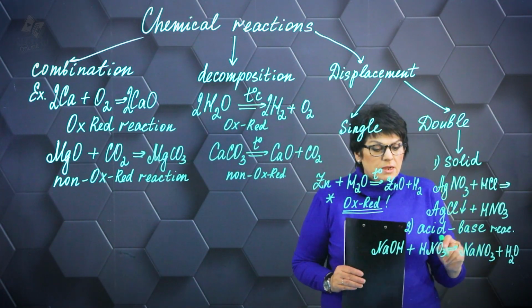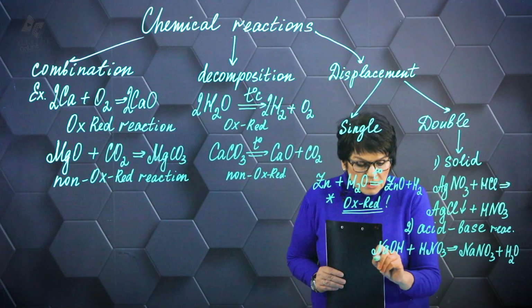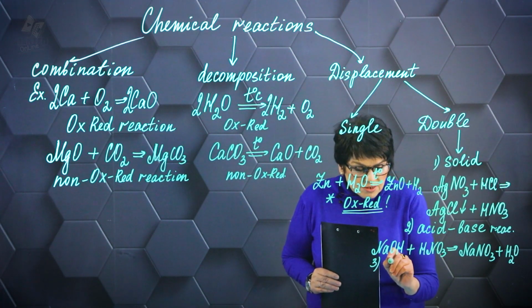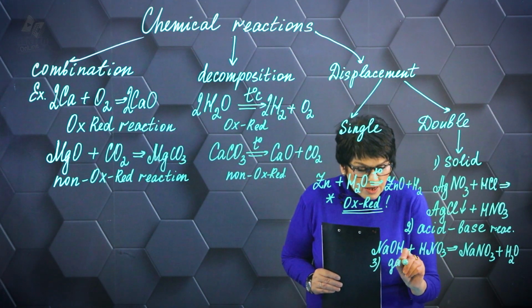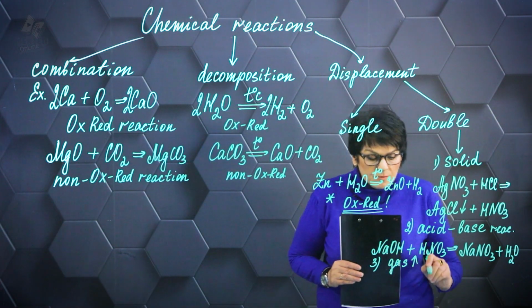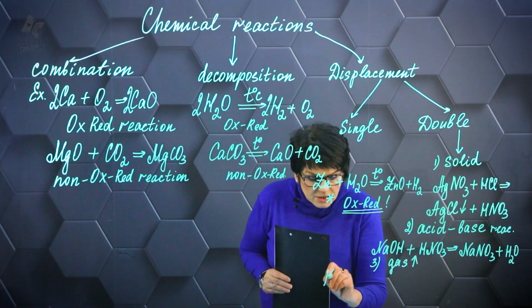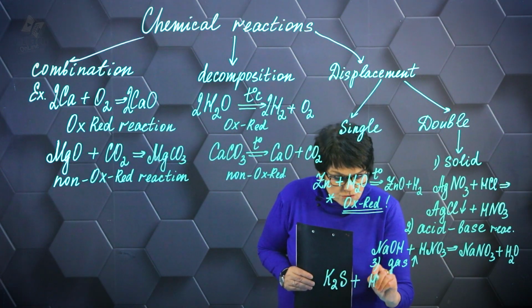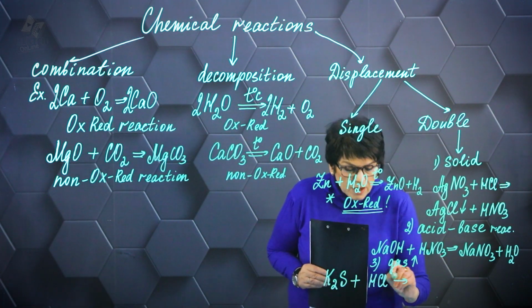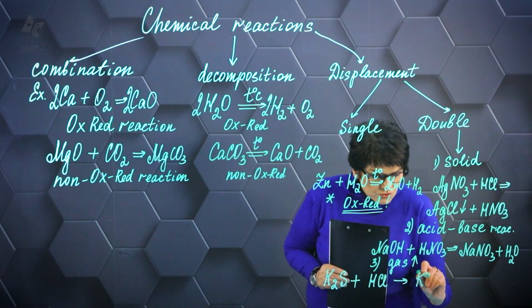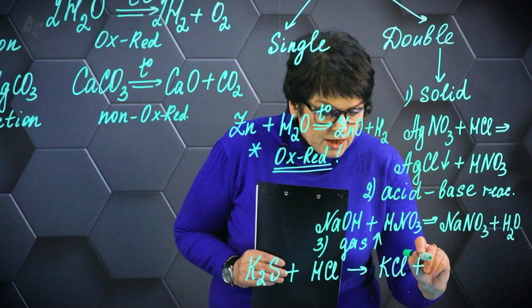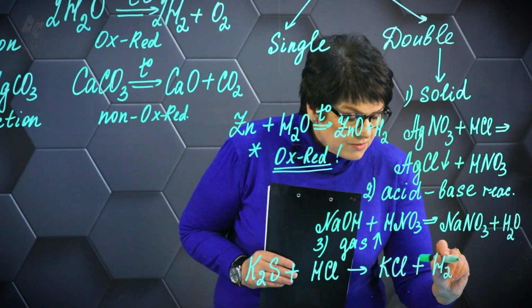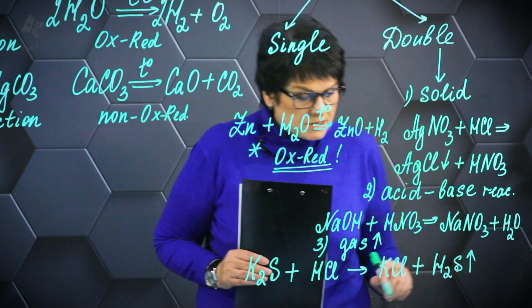Coefficients are not required. And then amongst these reactions, there are gas formation reactions, where a gas is formed. Here's an example of such a reaction. Potassium sulfide reacts with hydrochloric acid. An exchange reaction takes place. Potassium chloride is produced and hydrogen sulfide is released as a gas.